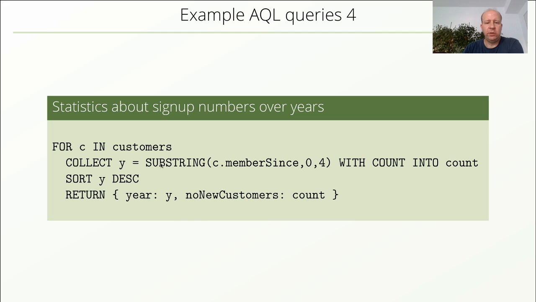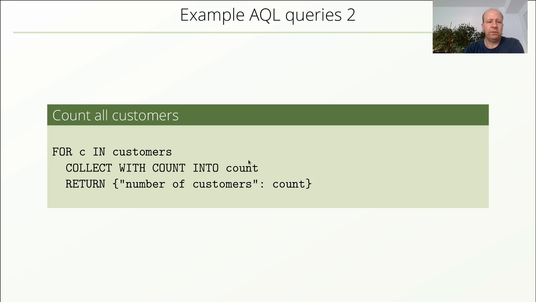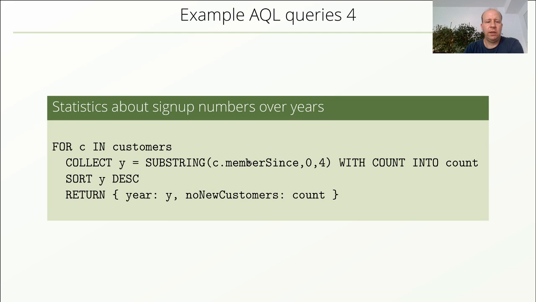So what I do is I take the initial substring of length 4 and aggregate in groups by that. So that is essentially grouping the customers by year. But I'm not interested in the actual customers. I'm just interested in the count for each year.